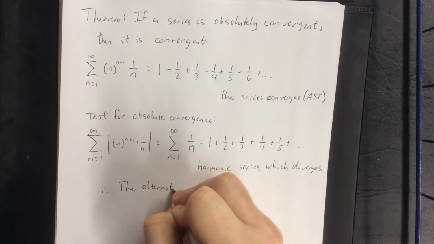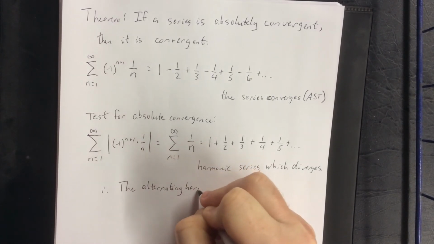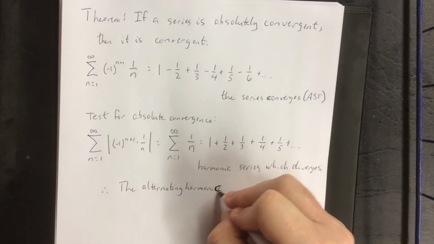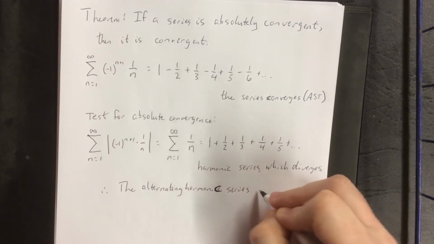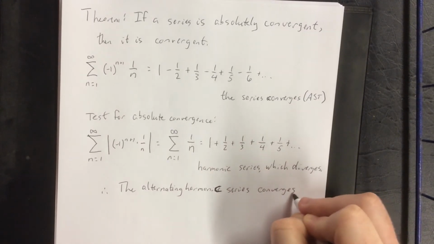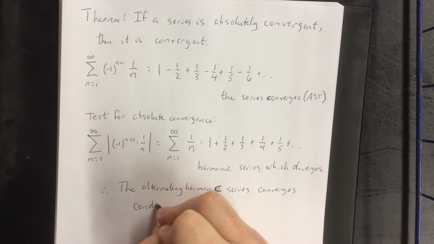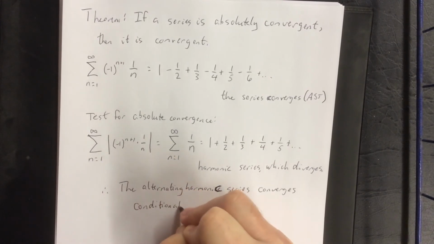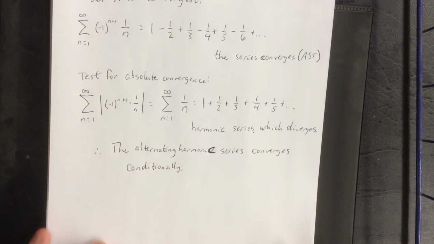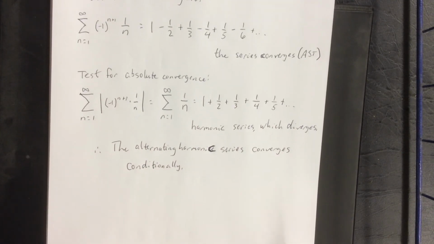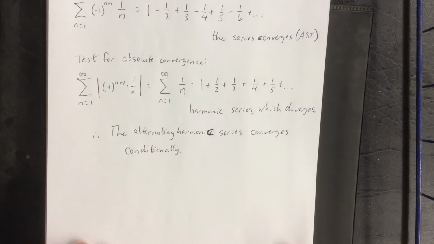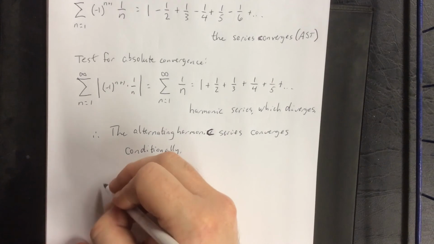The alternating harmonic series converges conditionally. Now, that leads us to essentially 3 different possibilities for what it could be.